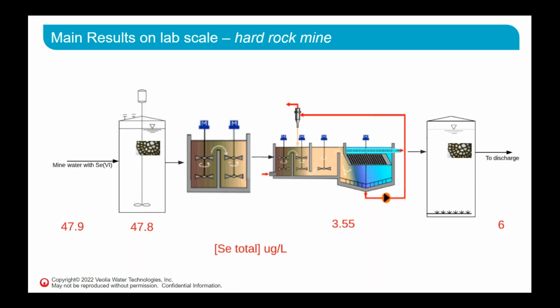But just keep in mind that the system was stable, and what goes in goes out. So there's no creation of selenium or selenium that disappears in nature. We really can say where the selenium is going. This is stable. So let's start with the raw water coming into the system. In this application, we're talking about 48 ppb of total selenium going into the process.